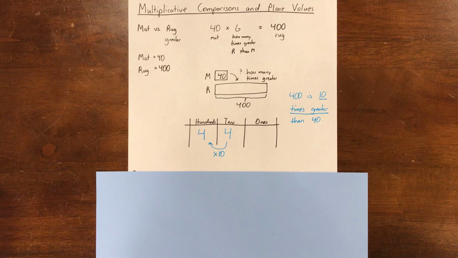We could say that each place value is 10 times greater than the one that comes before it. This is a really important part of our number system, the base 10 system. Why do you think we call it the base 10 system using what we just learned? Say it out loud.